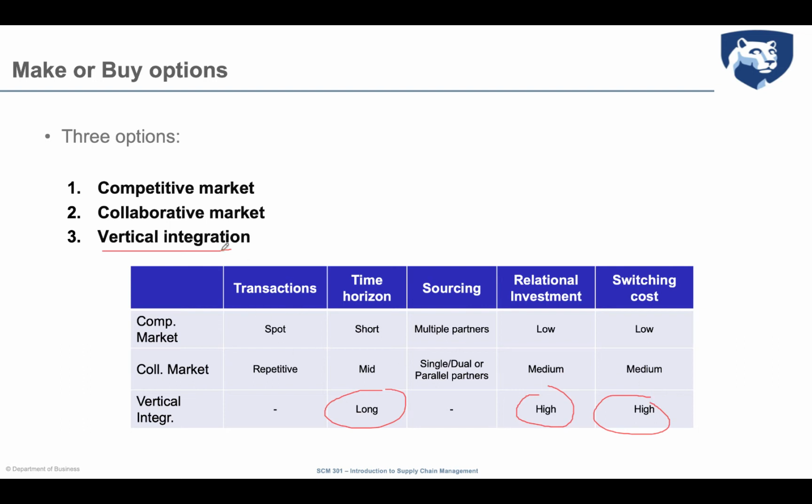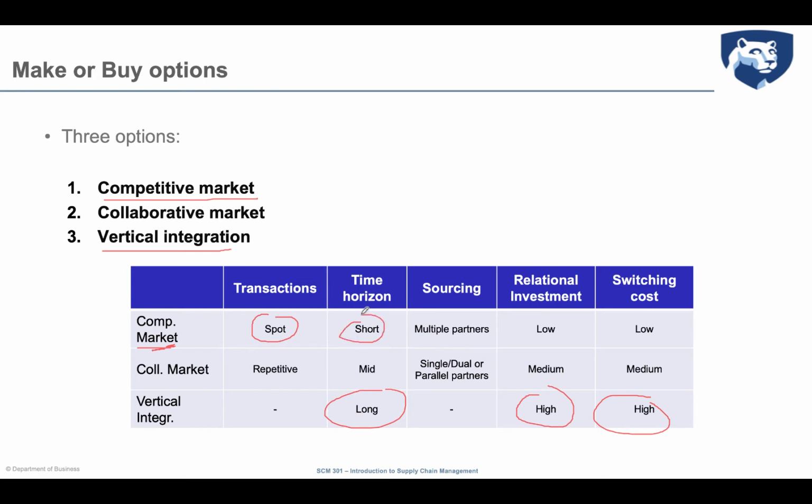For what concerns instead going to the supply market, on one side we have the so-called competitive market. The competitive market means simply going to the supply market for buying something and choosing the supplier which is making the best economic offer. So usually transactions are spot, because I pick the supplier every time that is making me the best offer from an economic perspective.